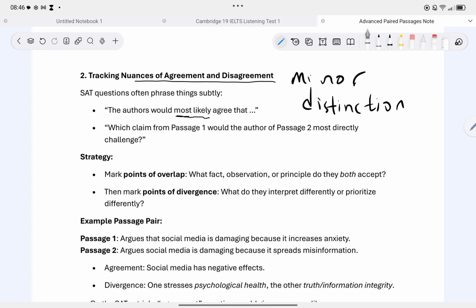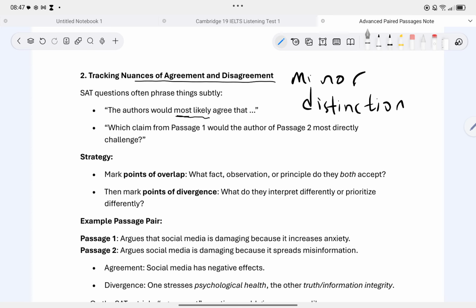For instance, if I say to you, I like swimming a lot, but my favorite hobby is playing football. So, if I ask you, what does Mr. Phillips love the most? Yes, he likes swimming a lot, but his favorite hobby is playing football. So, what he likes the most would be playing football because that's his favorite hobby.